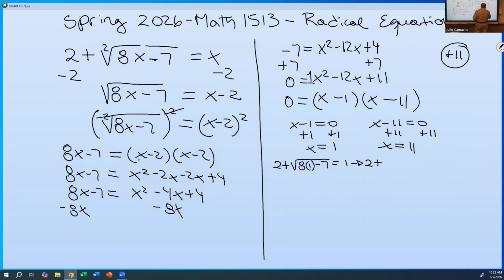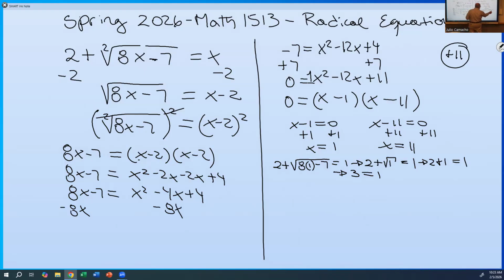So it's 2 plus the square root of 1 is equal to 1. What is the square root of 1? So it will be 2 plus 1 equals 1. If you simplify in the end, you're saying that 3 is equal to 1. Is that true?